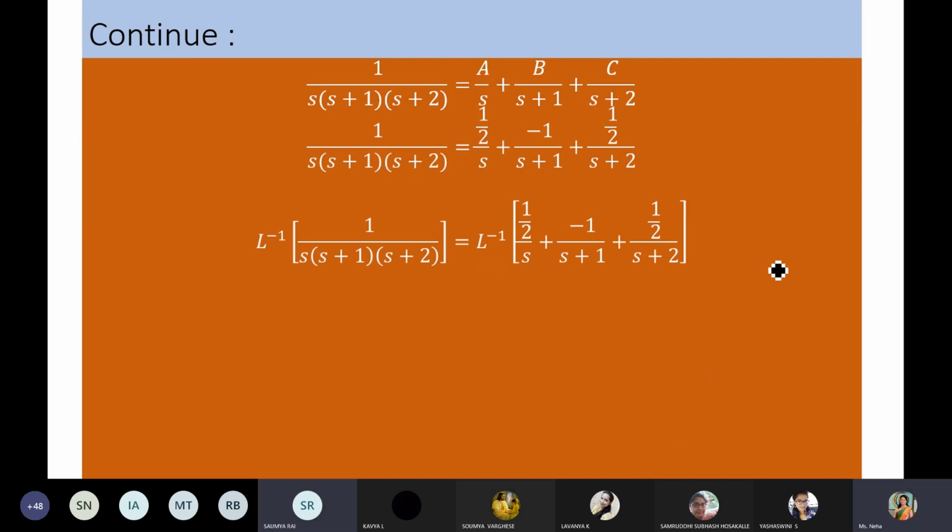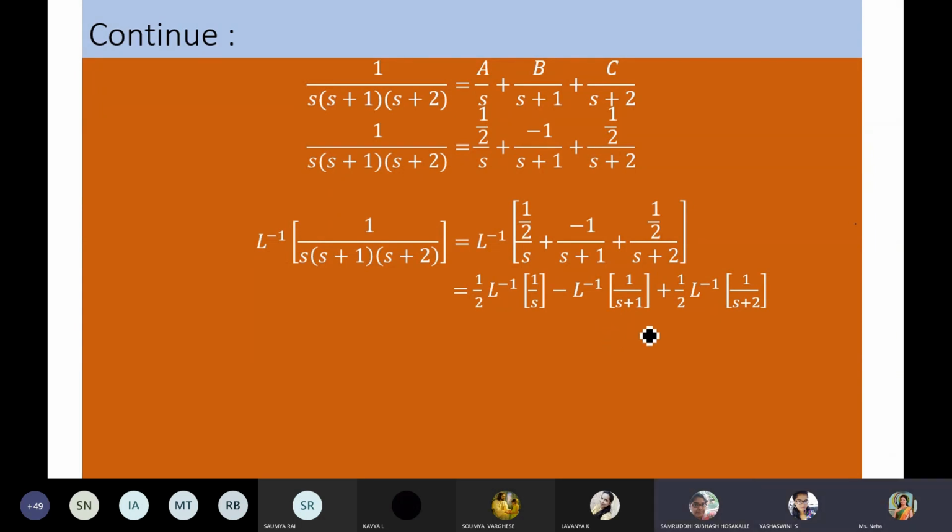On the right hand side, since you have 3 terms, L inverse will go along with all 3 terms. Now tell me the answer. What is the Laplace inverse of 1 by s? 1. Laplace inverse of 1 by s plus 1? E to the power of minus t. Good.